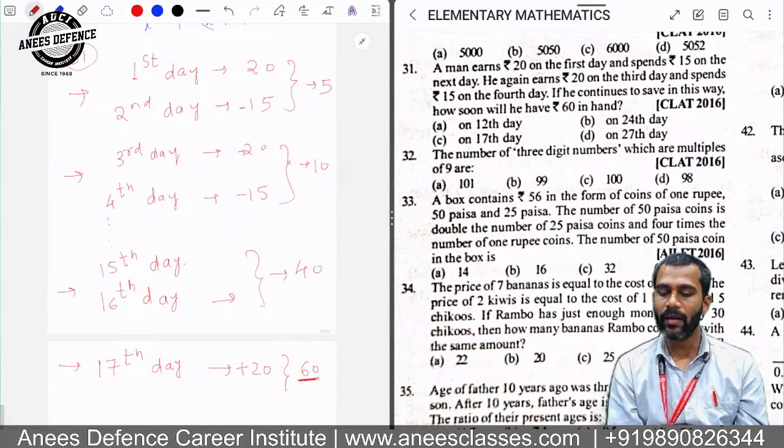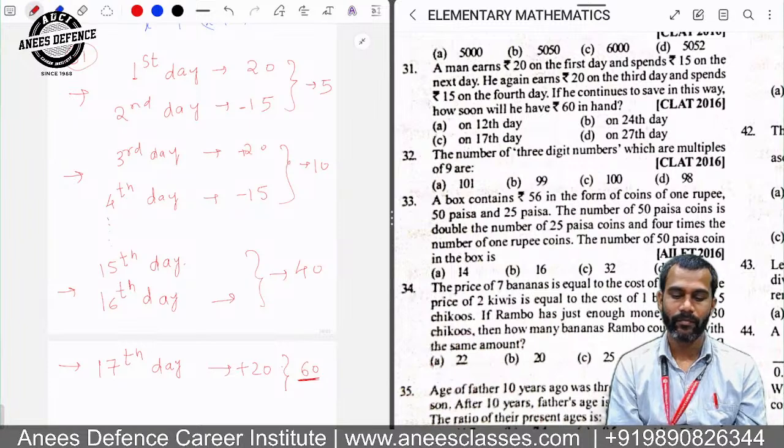The number of 3-digit numbers which are multiple of 9. Very easy.